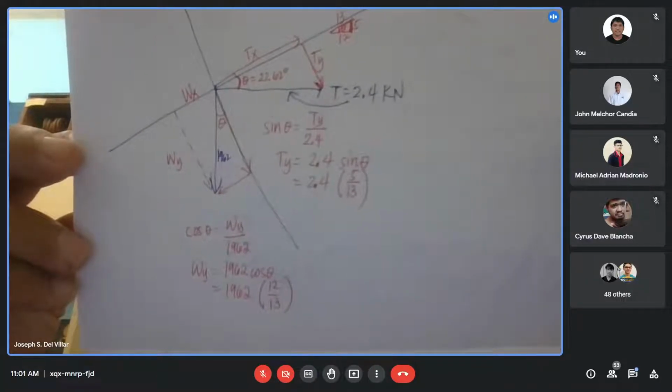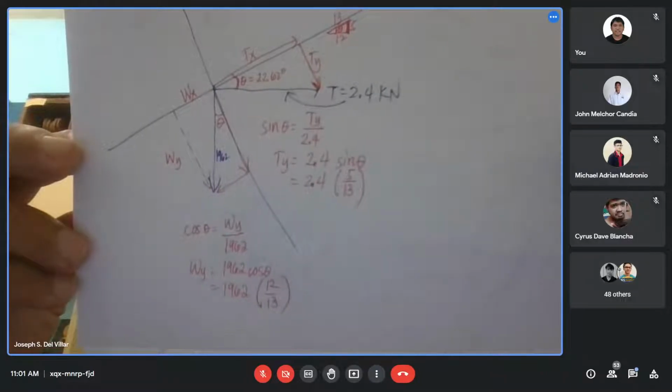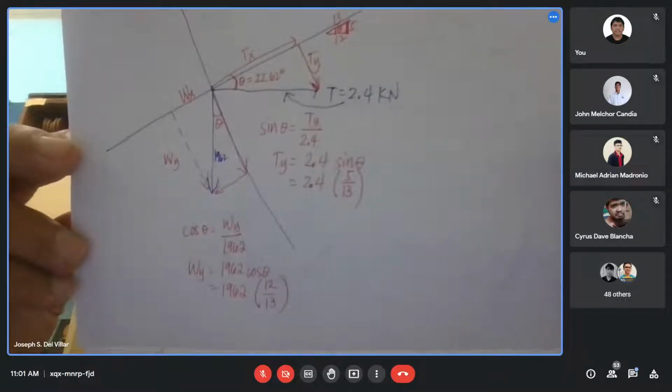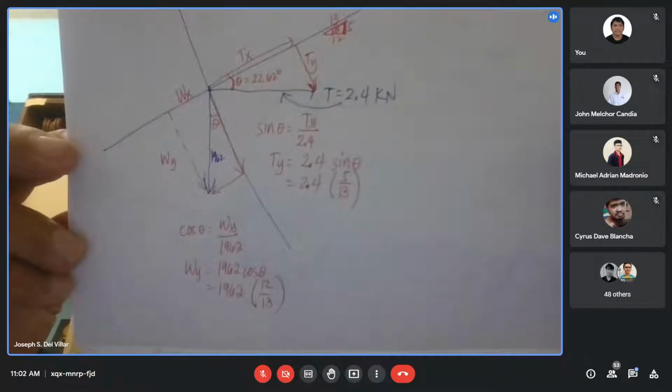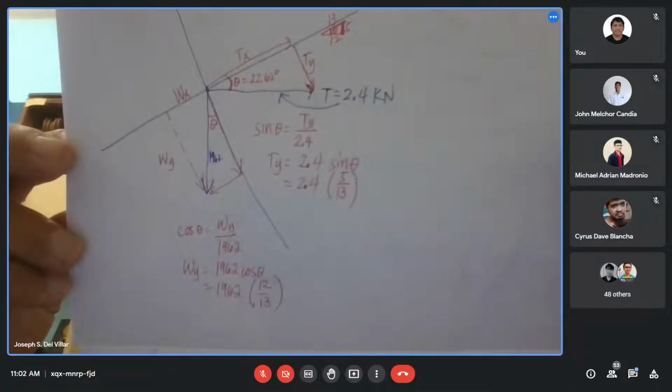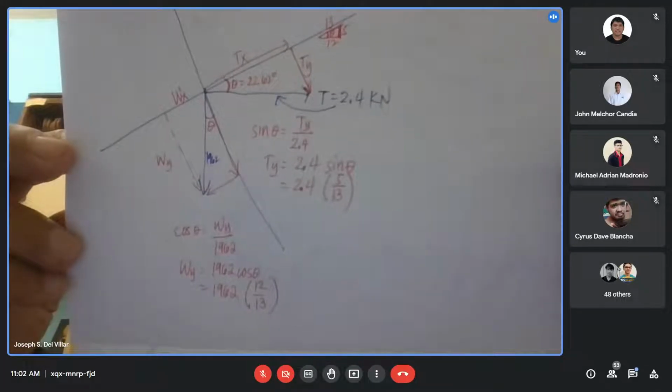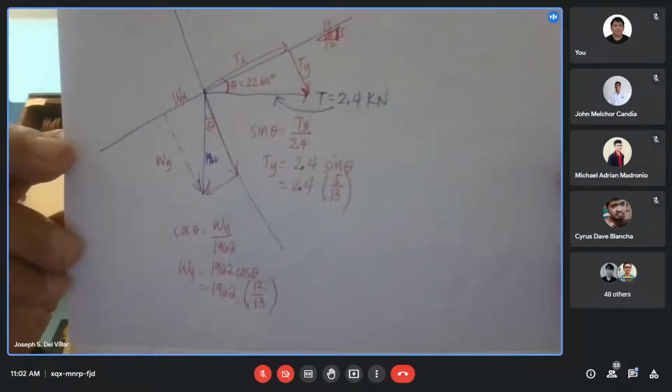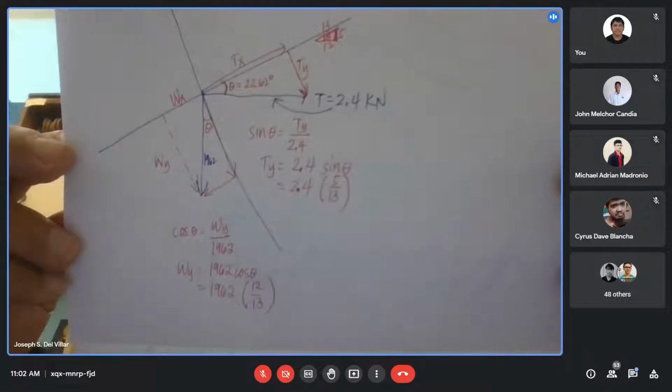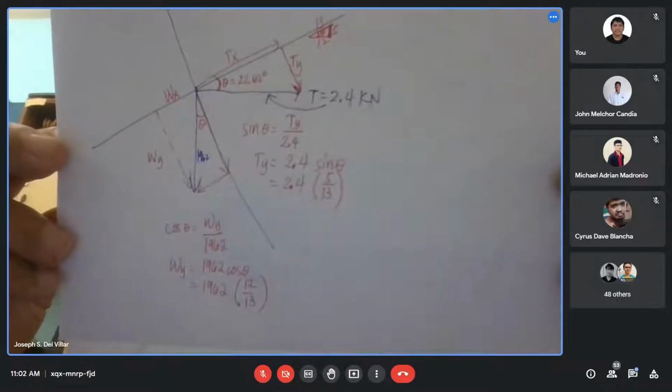At kung kukunin natin yung angle na yun, isosolve natin, which is arctangent ng 5/12. Okay? Arctangent ng 5/12, which is 22.16 degrees. Okay?